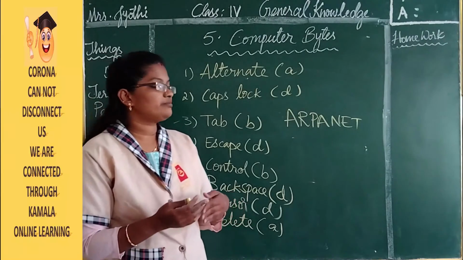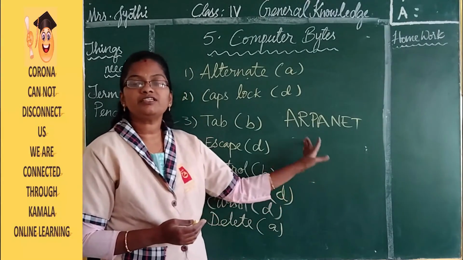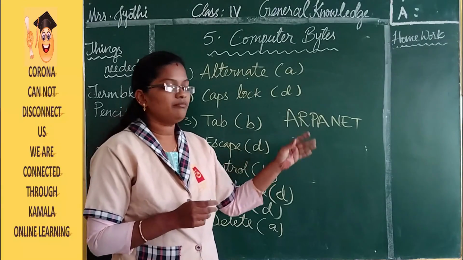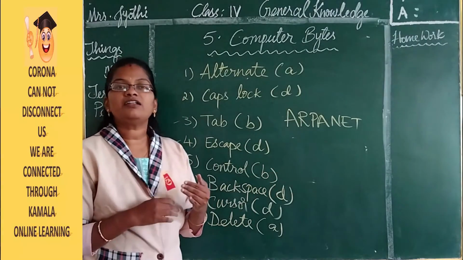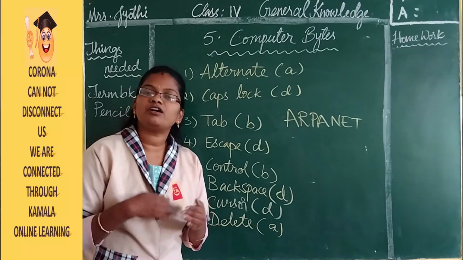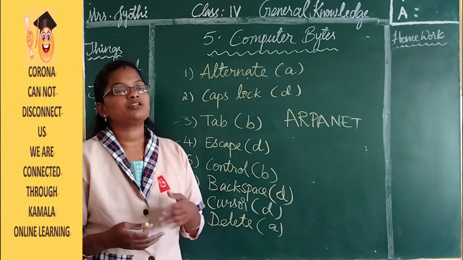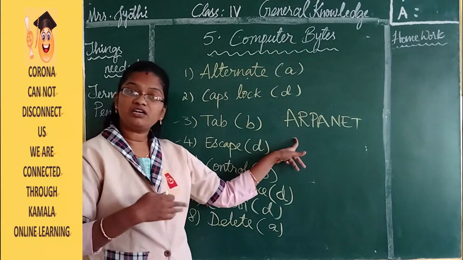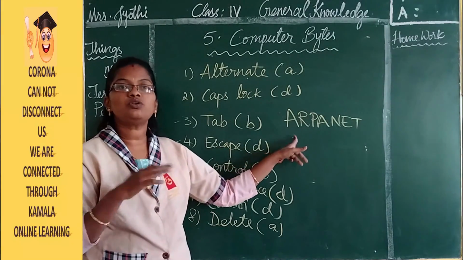So the US military people invented this. Internet is nothing but the connection from one computer to the other computer. In those days they used to connect only from one computer to another.